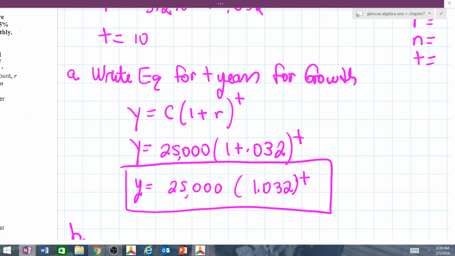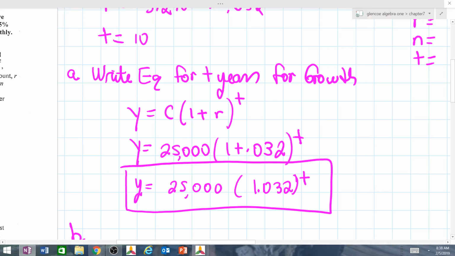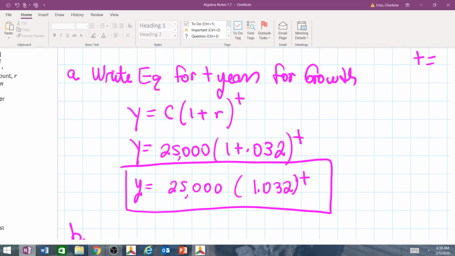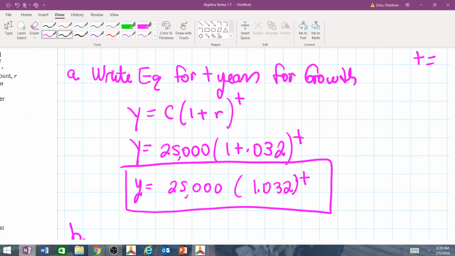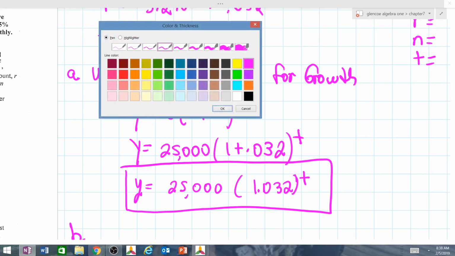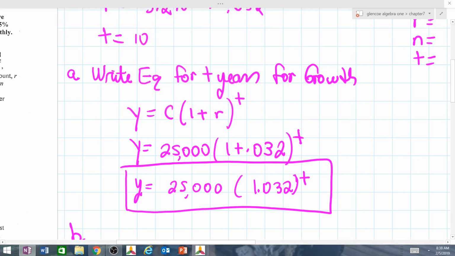Now we're going to take this problem one step further. Now they want to know, what will the population be 10 years from now? 10 years from now.